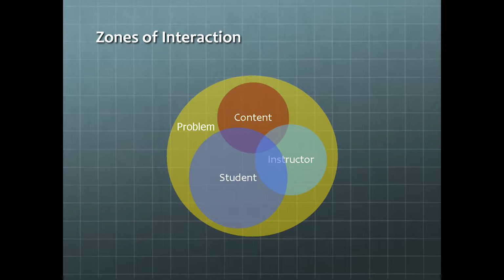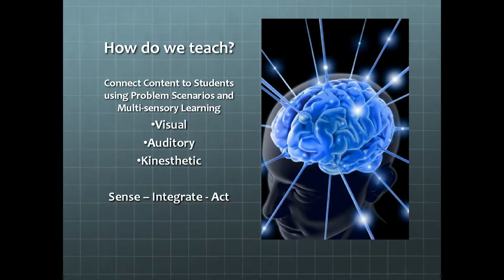That the problem that we are addressing spreads and subsumes all the other circles that we have involved. Student is still the largest part. The instructor is important and the content is important, but it's all within the context of a problem and what that means.